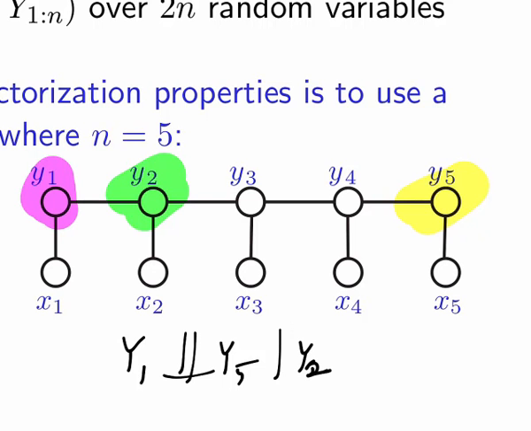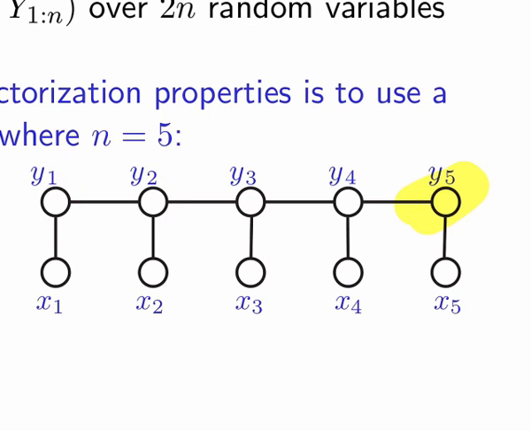So hidden Markov model, a Markov chain. Now in a hidden Markov model, we've got the x's as well, and basically what this is saying is that x3 is related to everything else in the graph via its corresponding Markov chain variable.